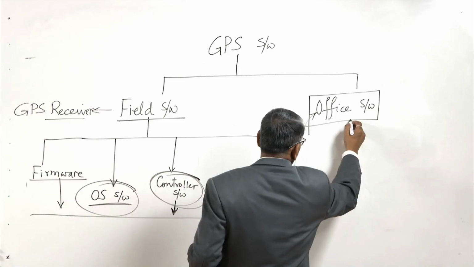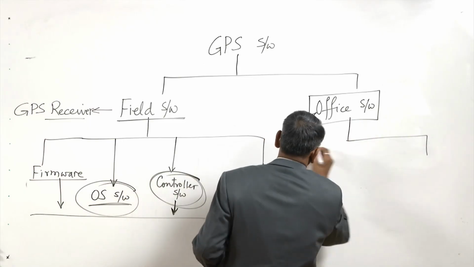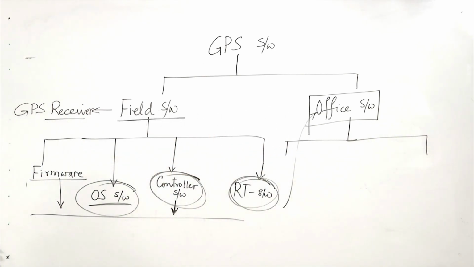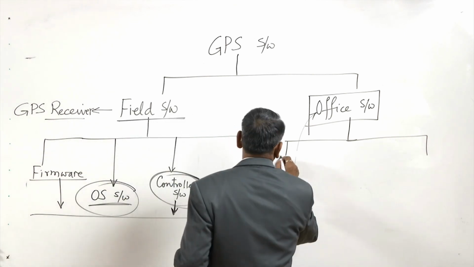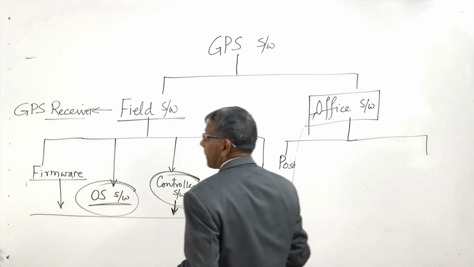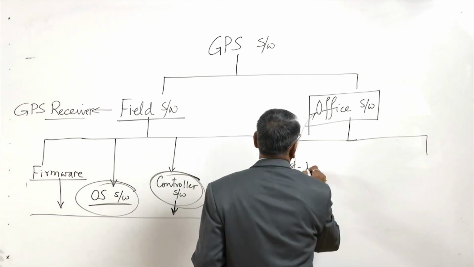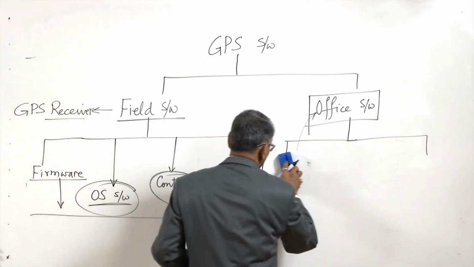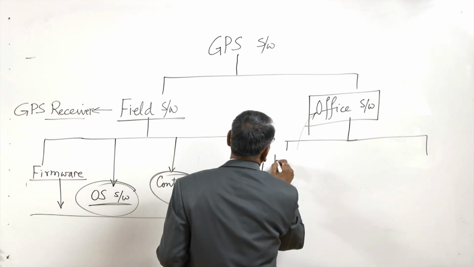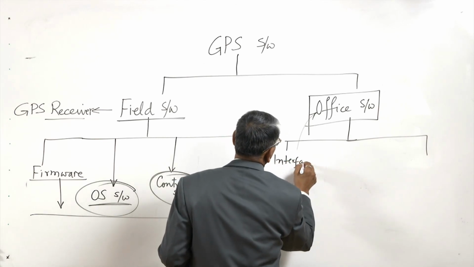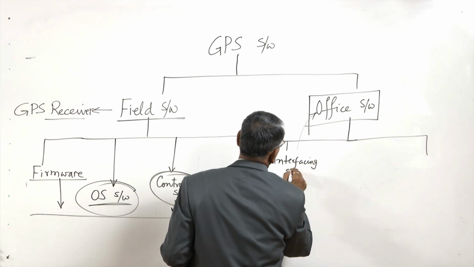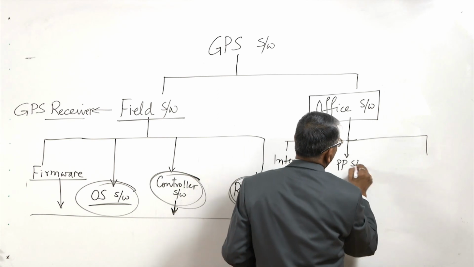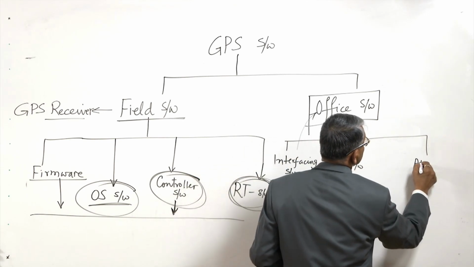Now office software also is of three types. Before that, interfacing software, as I told you, input output interfacing software, then post processing software, and then application software.